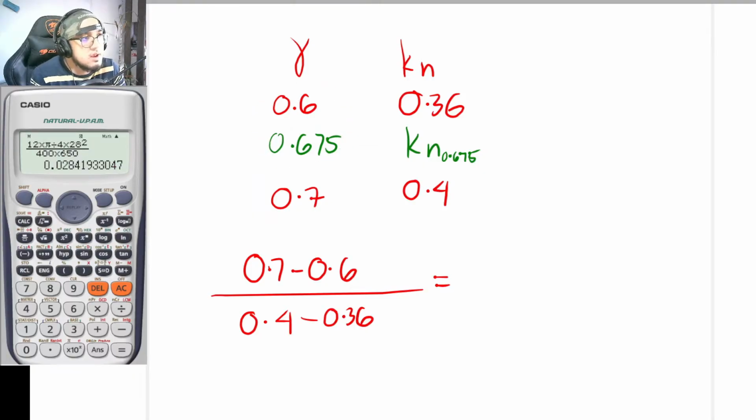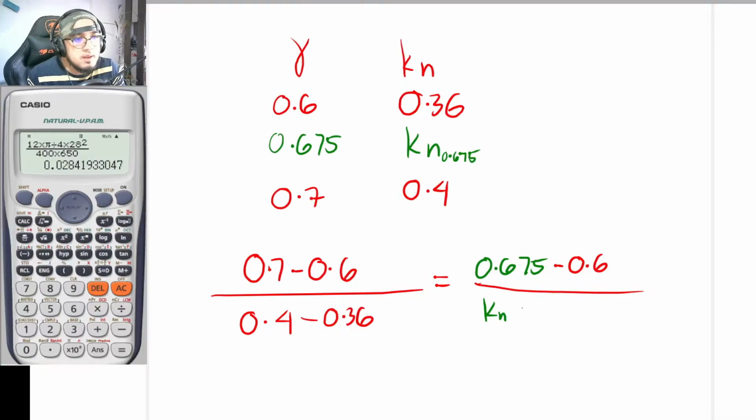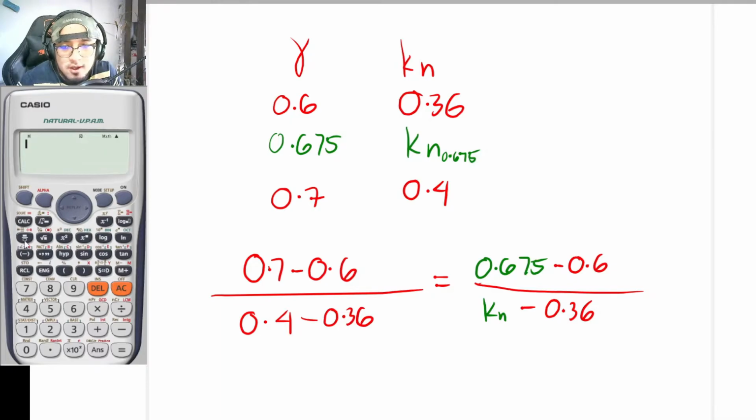So, this is now equal to 0.675 minus 0.6 divided by Kn minus 0.36. I won't write the subscript anymore. I will just shift solve to be quick, you get it already.